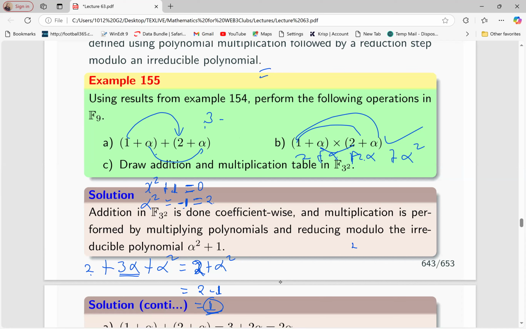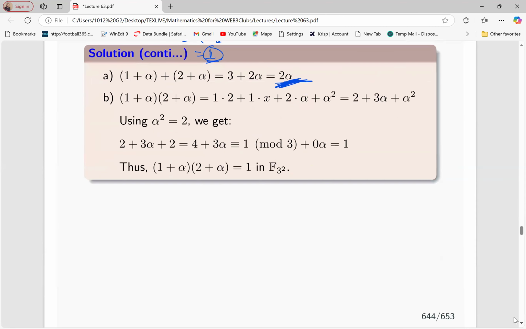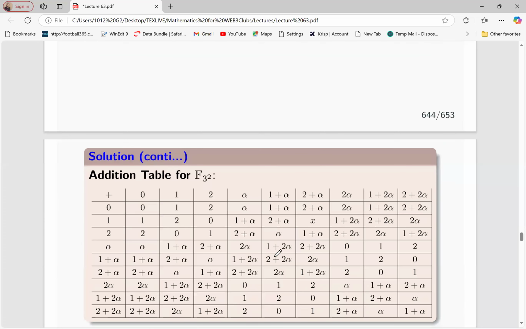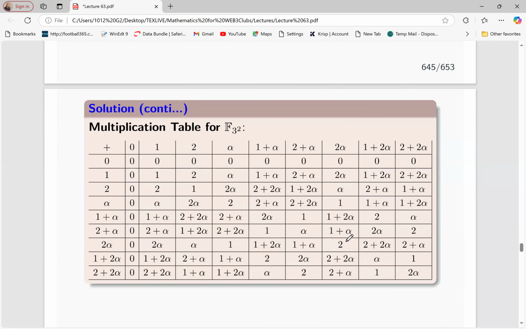But multiplying means you have to, first of all, define the polynomial. So I think when we meet next week, we'll again go through this field extension, especially the multiplication part, so that we draw the tables, because I wanted also to draw the tables for addition and multiplication. But before that, you need to know how to multiply.